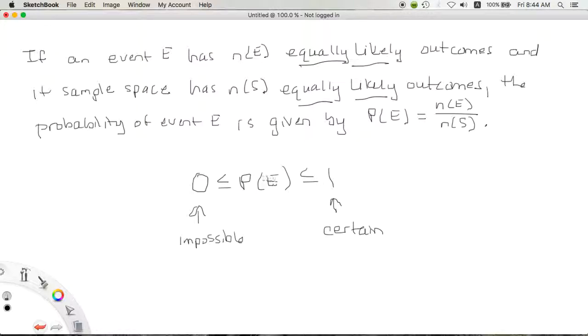If you have multiple probabilities, like for example with our coin toss, we said the probability of both of them being heads was 1/4.